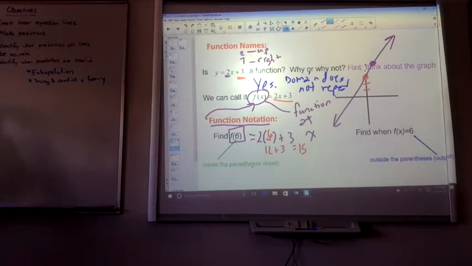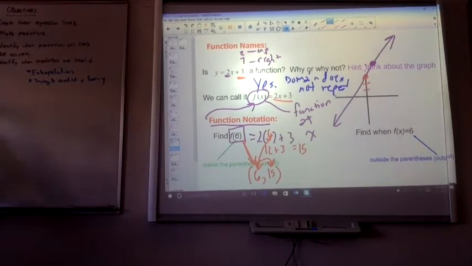So the function at 6 gives me what y value? What do you think? 15, good. So it gives you a point. So this is related to that. Function at 6, you're plugging in your 6 for your x value, and then the function at 6 actually gives you a new output.